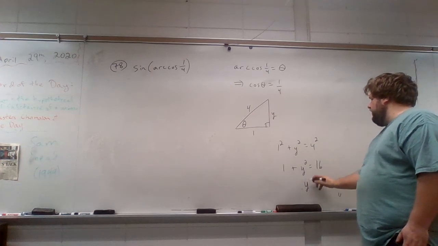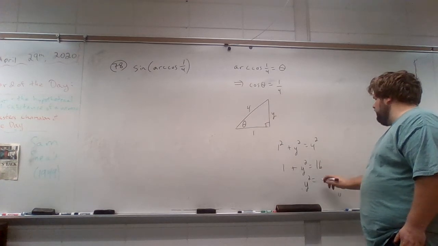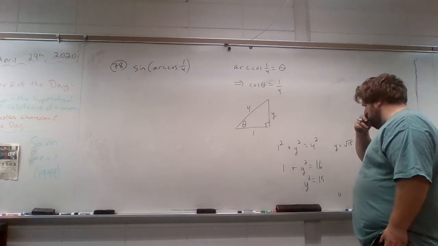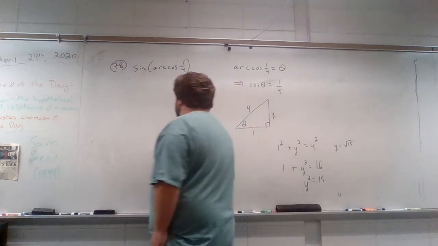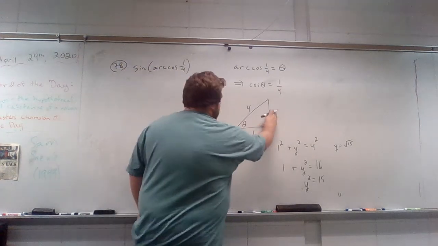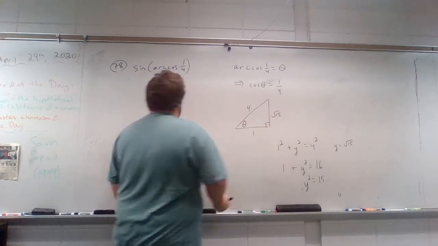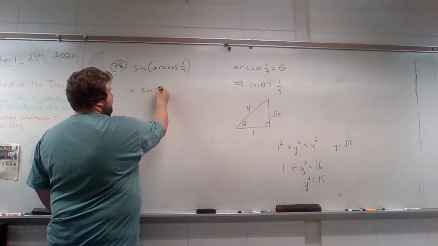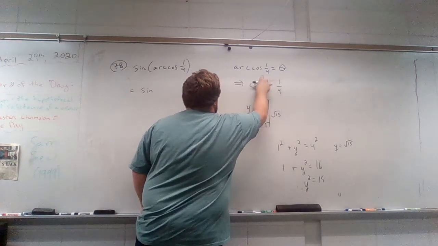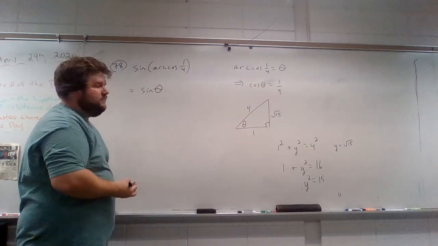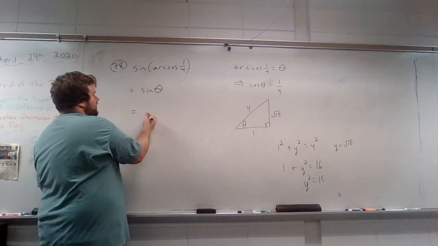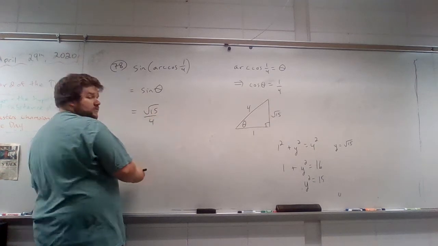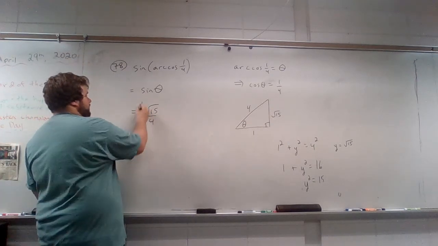So I've got y squared is equal to 15, and then y is going to be square root of 15. Going back to this is a sine. So this is going to be the sine of arc cosine of 1/4 was theta. So this is the sine of theta. And that value is opposite over hypotenuse, so radical 15/4. And that's it, exact value.